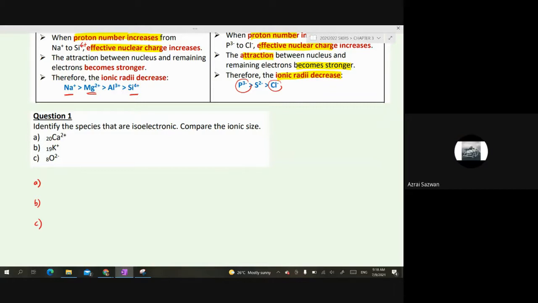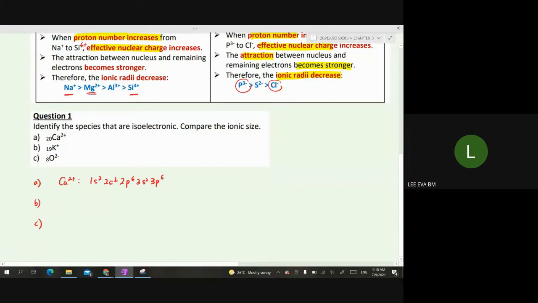Number of protons. We write out their electronic configuration, or you can look at it: 20 proton number or 20 electrons, we remove 2 electrons, it becomes 18. So from here, you can write it out if you want, or you can straight away find the number of electrons. In this case, 3p6.